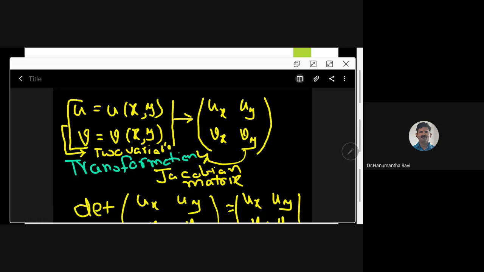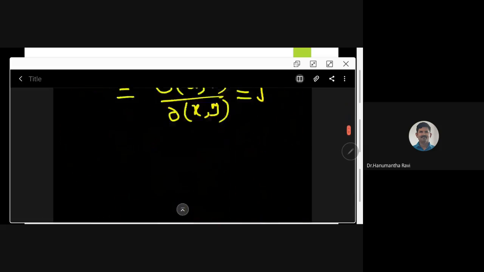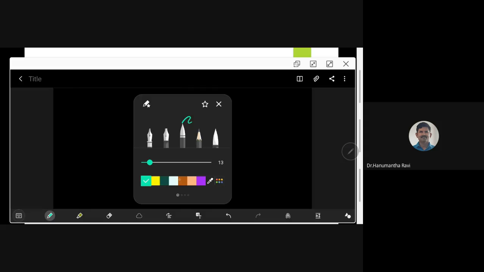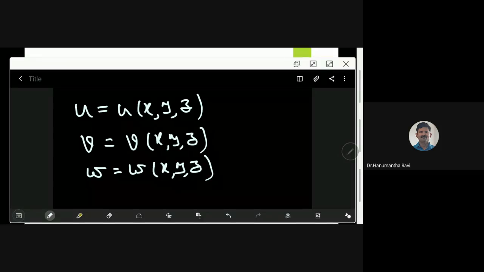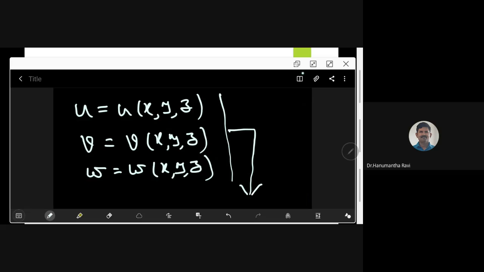In a similar way, if we are dealing with three functions of three variables, like you have a function u, which is a function of x, y, z, and a function v, again a function of x, y, z, and w, a function of x, y, z, then this is also a transformation. We can think about its Jacobian.